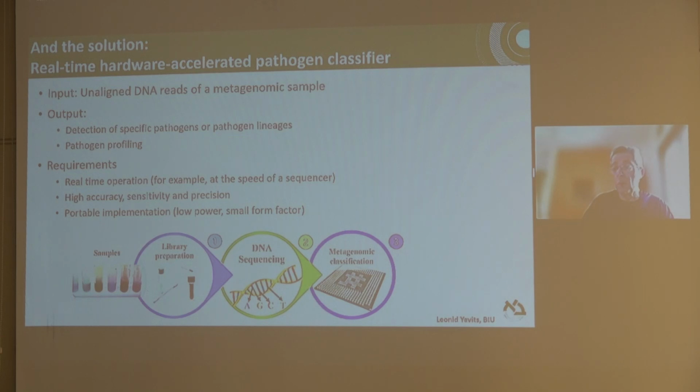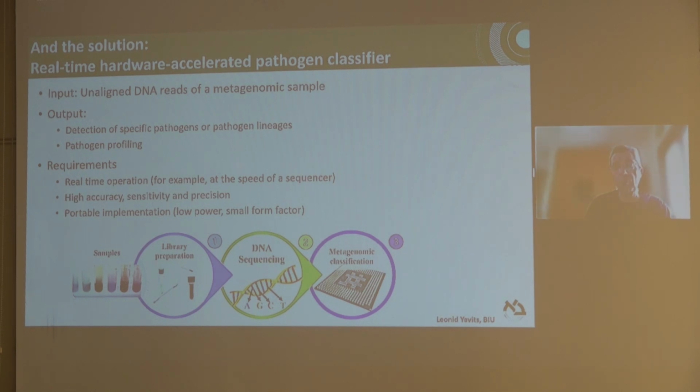And some of those DNAs can be pre-processed, amplified, for example, some maybe not. So we need to deal with metagenomic samples, and we preferably don't want to align the reads and assemble the genome to apply the classification.